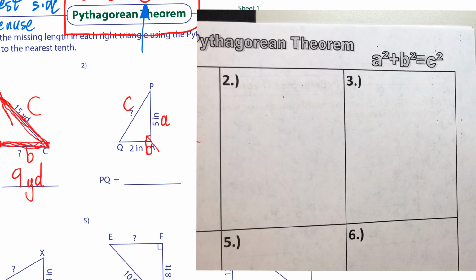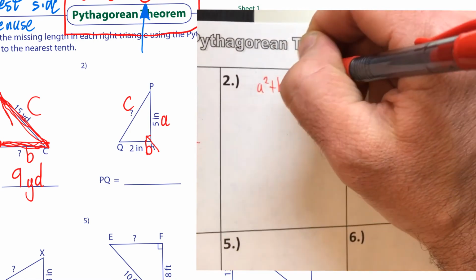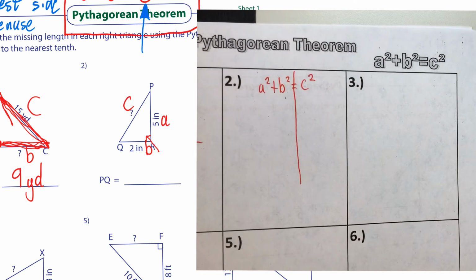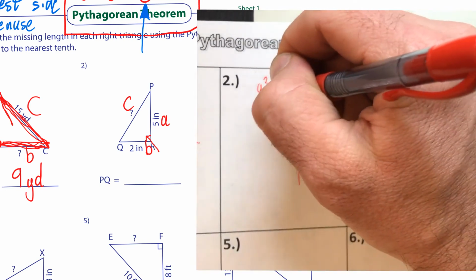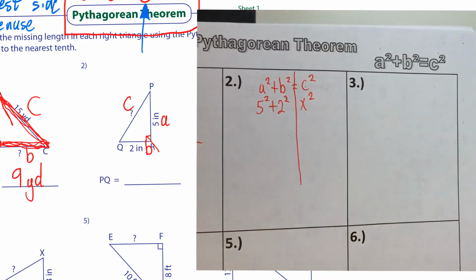Okay, so back over here to the board. A squared plus B squared equals C squared. So the way I set that up, I said A is 5. I said B is 2. And C is the one that I do not know.